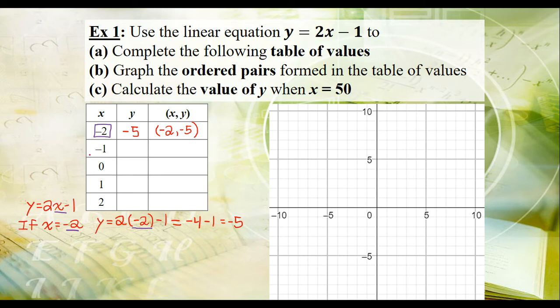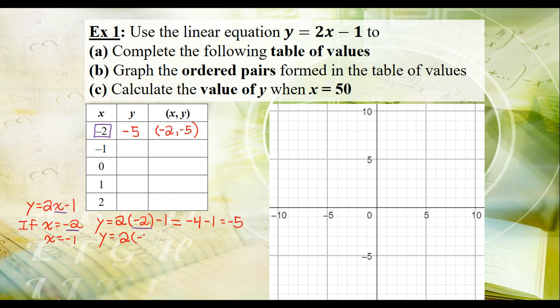Okay, now we're going to continue to do this process with different numbers. So now I'm going to go back to the same equation, except this time around I'm going to plug in x is equal to -1. So we're going to plug -1 into this equation up here, then evaluate it. So y is equal to 2 times, now this time around, the value of x is -1.